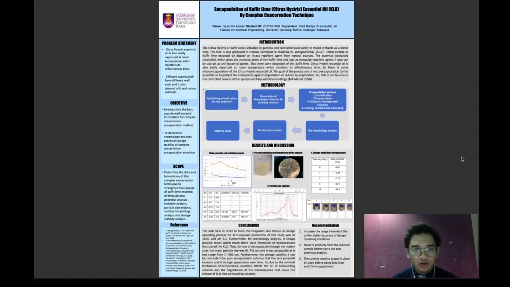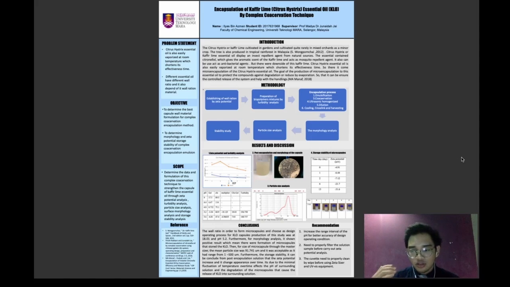We will move on to the problem statements. The first one is that Citrus hystrix essential oil easily vaporizes at room temperature, which shortens its effectiveness time, as I explained before. Different essential oils have different wall ratios, and it also depends on the wall material.